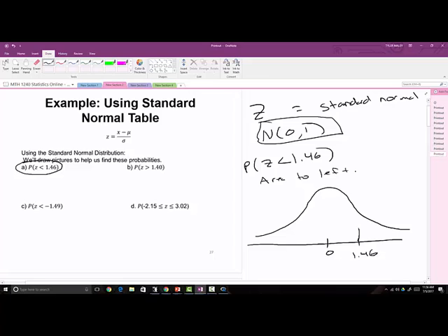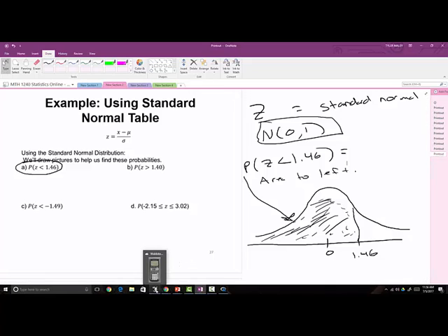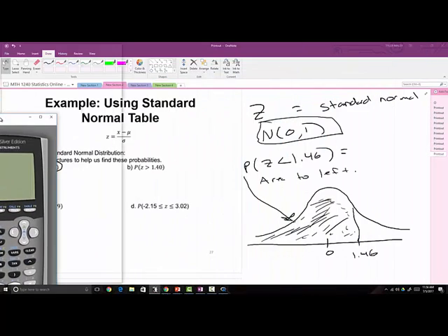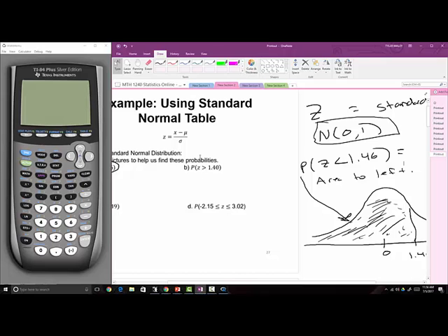If I follow this up to the curve, I want to know what this area is. I'm going to do this in my graphing calculator, because that's what you want to be the most comfortable with, since that's what you'll use on the exam. So let me do split screen here.